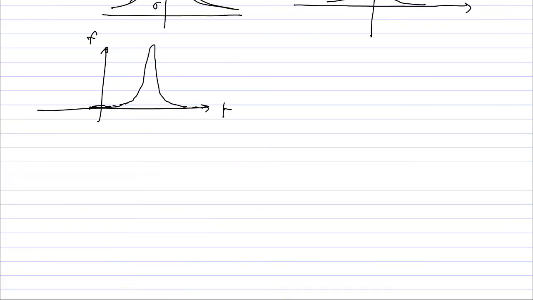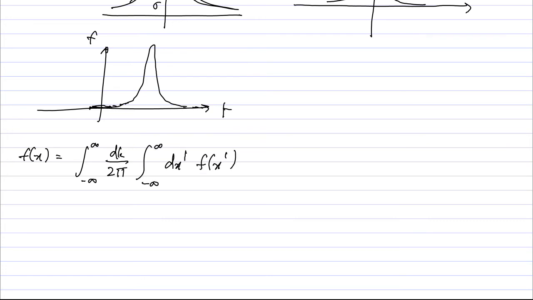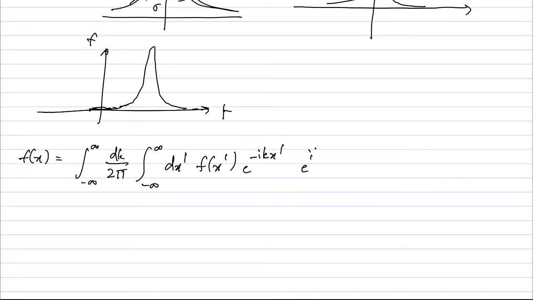Now let me come back to the Fourier integral theorem. I can write the Fourier integral theorem again as the integral from minus infinity to infinity of dk over 2 pi, the integral from minus infinity to infinity of dx prime f of x prime e raised to the power minus i k x prime, times e raised to the power i k x.